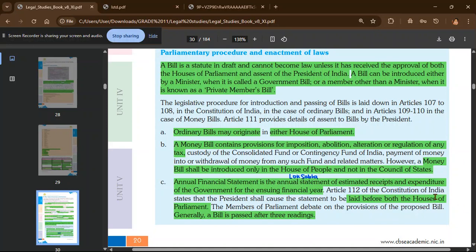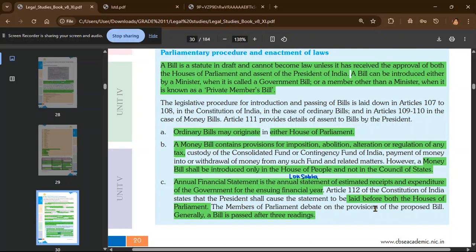The annual financial statement is the annual statement of the estimated receipts and expenditure of the government for the ensuing financial year.